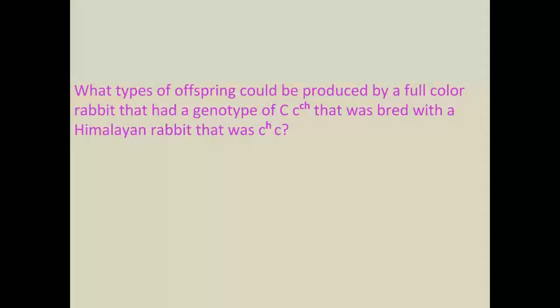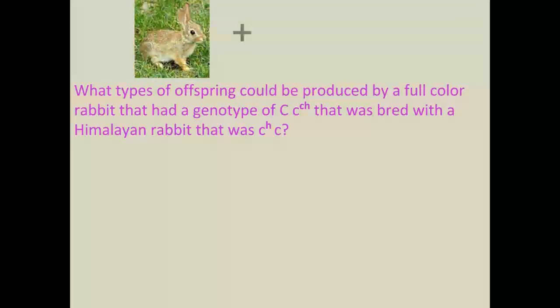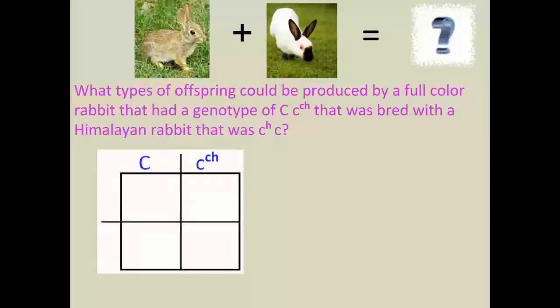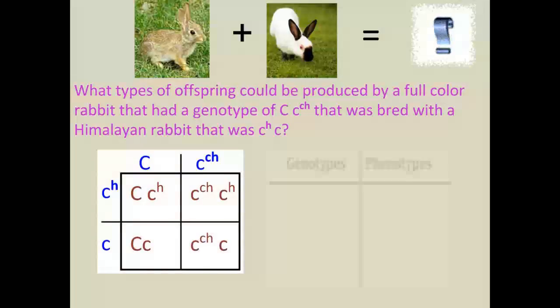Then when you get to a problem, this one says, what types of offspring could be produced by a full-colored rabbit that has this genotype that's bred with a Himalayan? You put one parent over top of the boxes, one parent on the sides, and fill them in like this.